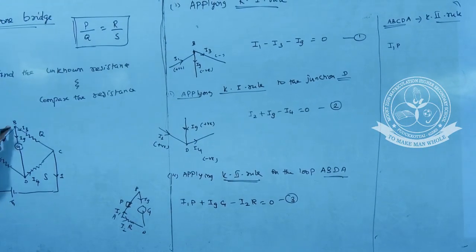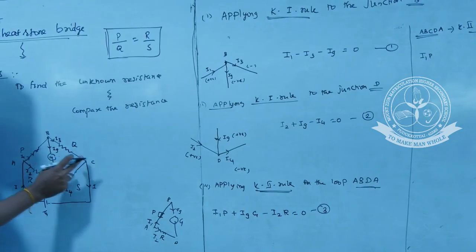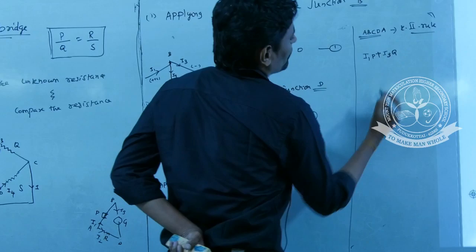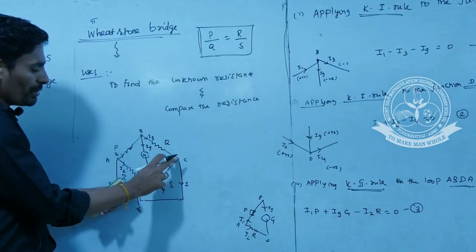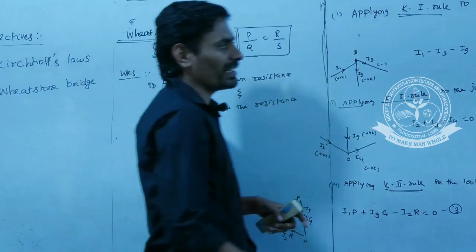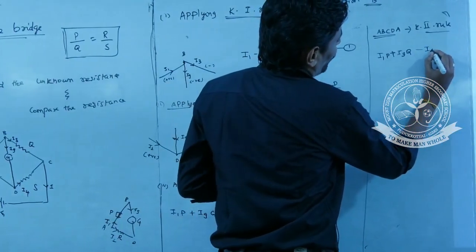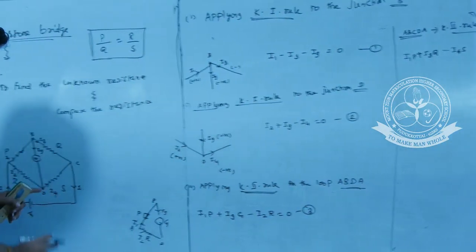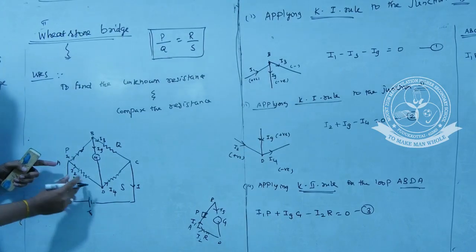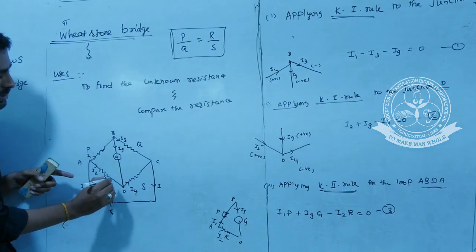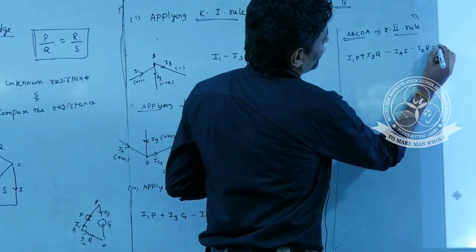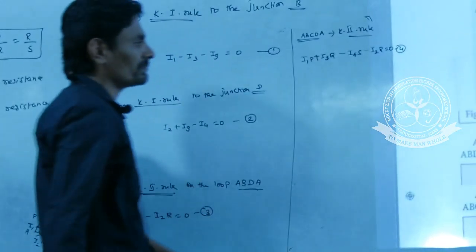Then B to C is taken as positive, plus I3Q. Then C to D, the direction is opposite, current leaving the junction is taken as negative, minus I4S. Then D to A, the direction is opposite, so minus I2R equal to 0, equation number 4.